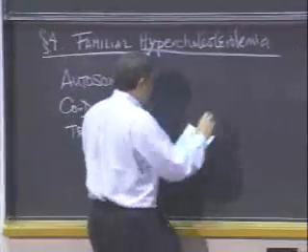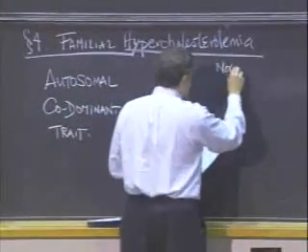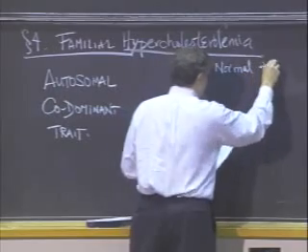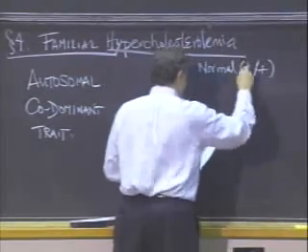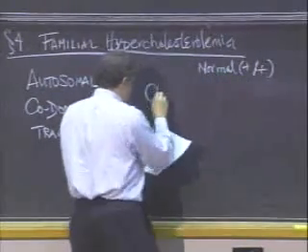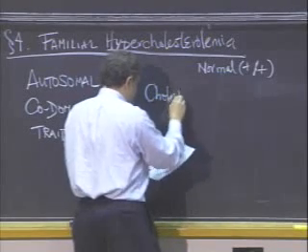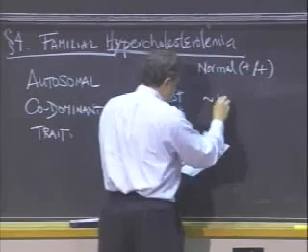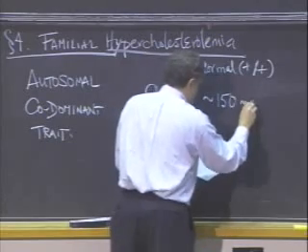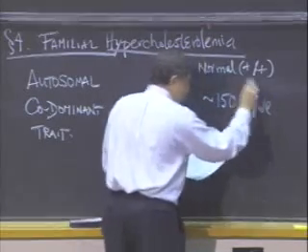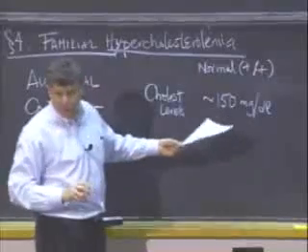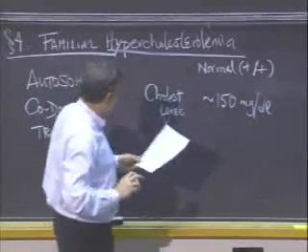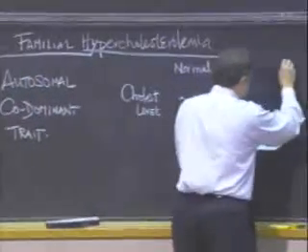In particular, if we looked at most individuals in the population, which we'll assume have genotype plus over plus, and we look at their cholesterol levels, what we find is maybe they have 150 milligrams per deciliter. Now, some people have higher cholesterols than that, but I'm going to take that as an average.